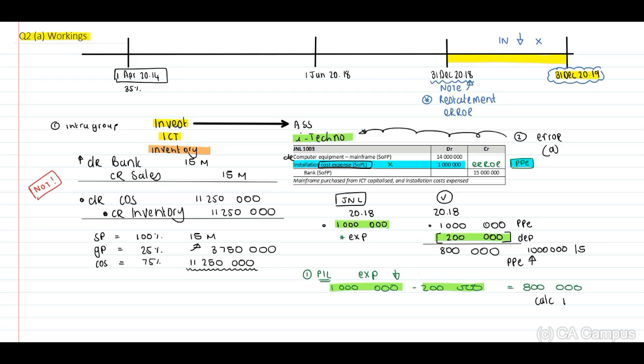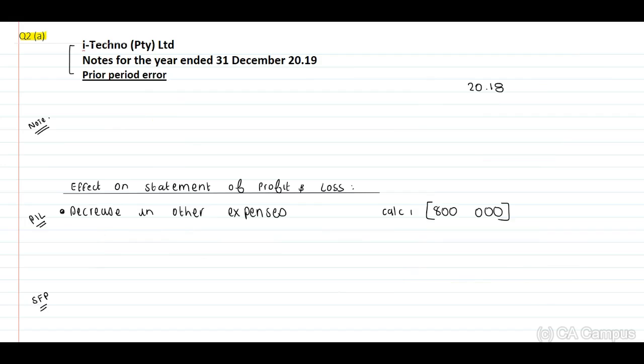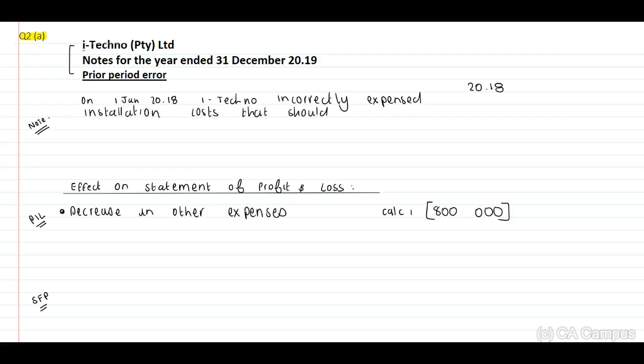Now, guys, while I'm busy, I do note that in my note, I need to indicate that on 1 January 2018, you need to write this out, please. Techno incorrectly expensed installation costs that should have been capitalized.